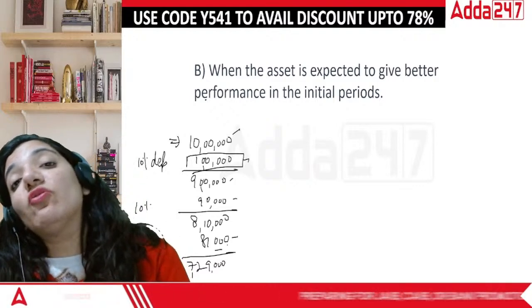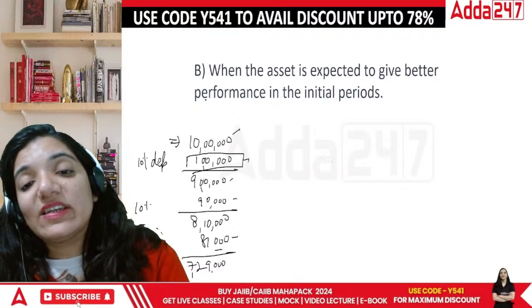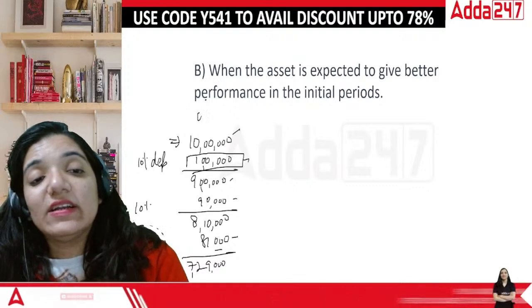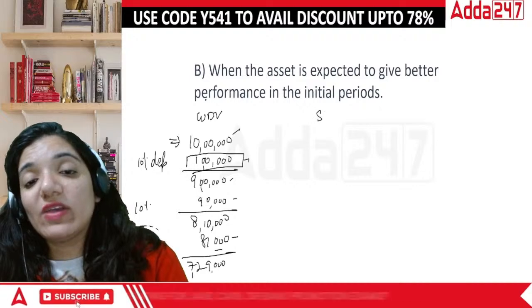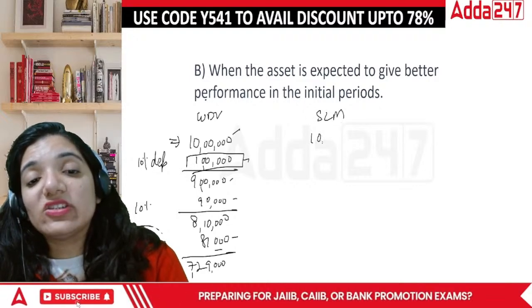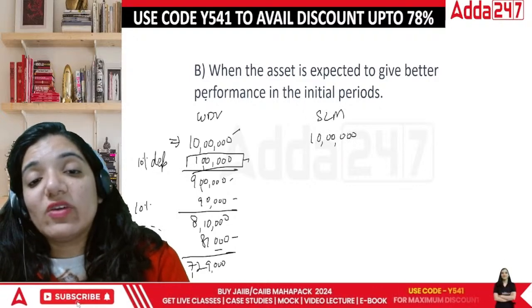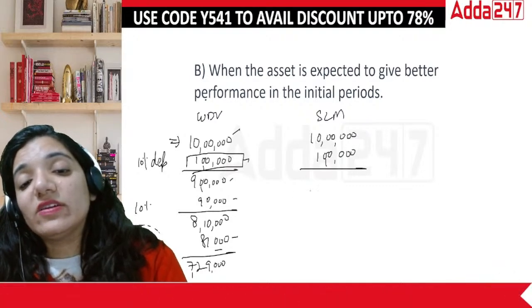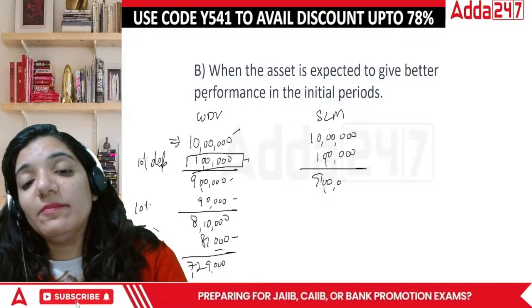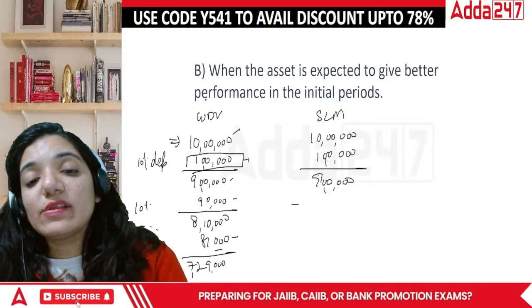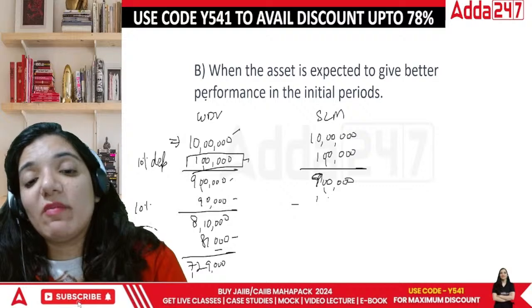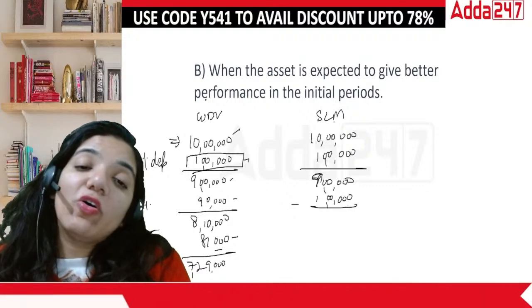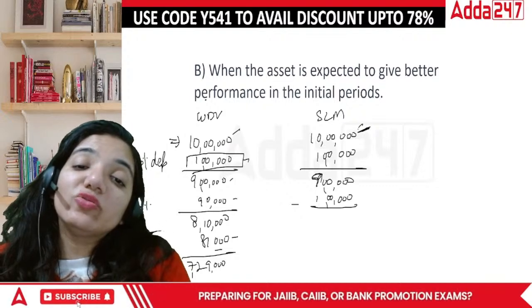Now, in terms of original cost, if it is 10 lakh rupees, this is WDV, everyone. And if I show you the SLM method, if this is 10 lakh rupees, every time you will find the depreciation remains the same. In the first year, it is the same. In the second year, it continues with the same amount, because it is 10% of your original cost, the cost at which you bought it.